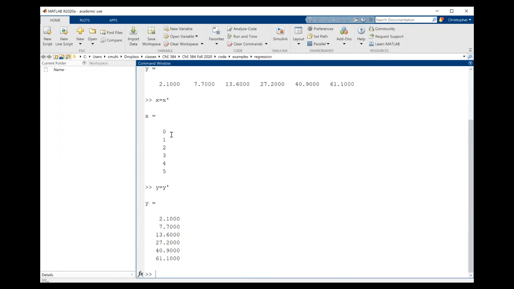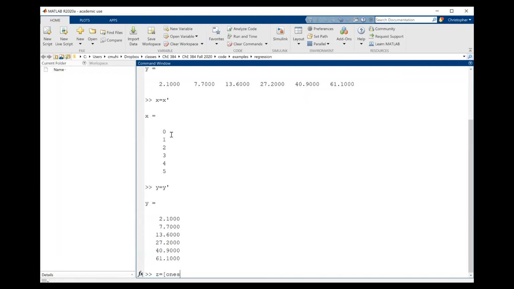The next step is I have to generate my Z matrix. So we need to go in and set our Z, and we want to have first a column of 1s, right? That first column is going to be 1 because there's no X dependency.